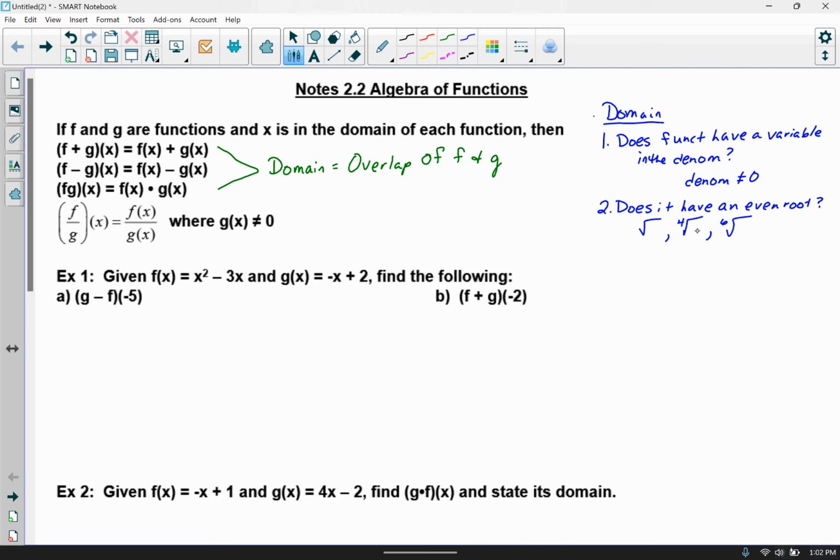So it's got to be an even root. If it were a cube root, it wouldn't matter. Remember, with a square root, there's an imaginary 2 sitting out there. If you have an even root, then the argument, the piece underneath that radical, which I refer to as our argument, you set greater than or equal to 0 and solve for x, and that's going to give you your domain.